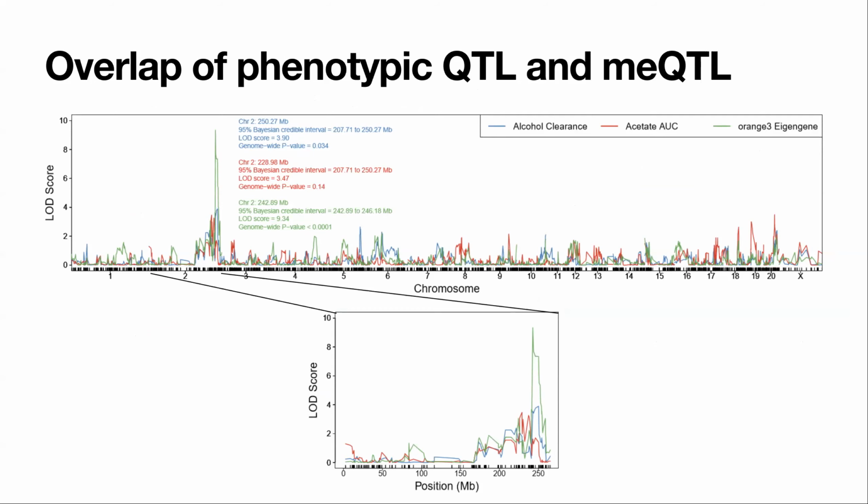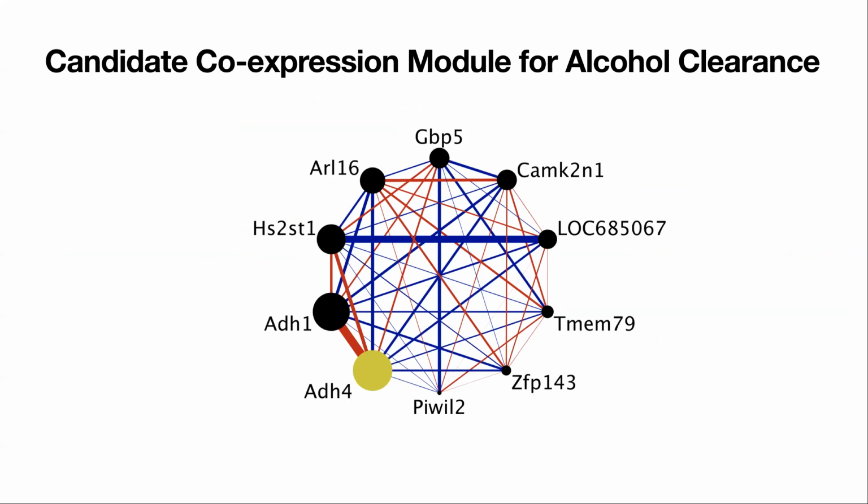So indicating we do have that overlap. And when we look further into this orange 3 module, we see that the 2 most highly connected genes within this module are alcohol dehydrogenases. And that's what we expected based on what we know about the process of alcohol metabolism.